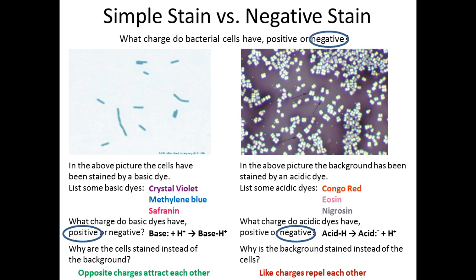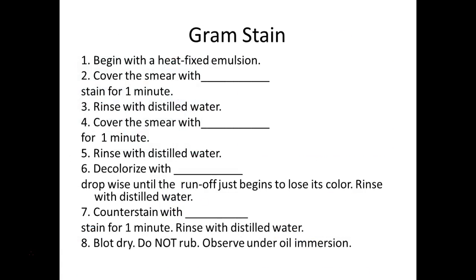So you should be able to recognize, when you see the background stained and not the cells, that you're looking at a negative stain. If you see the cells stained, you know it's a simple stain with a basic dye. What color those cells are might tell you even more information, as we learned last week when you do the Gram stain, because we actually use 2 dyes and we have a decolorization step.